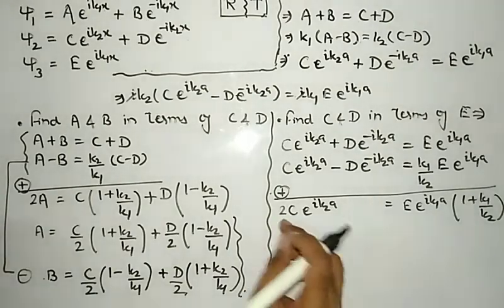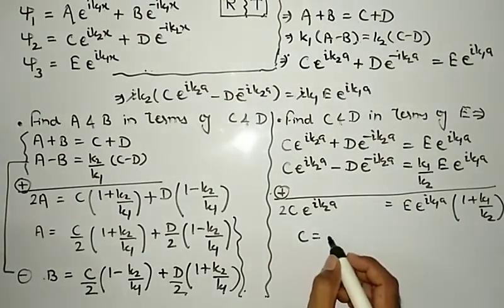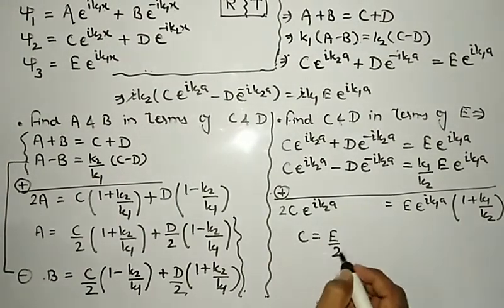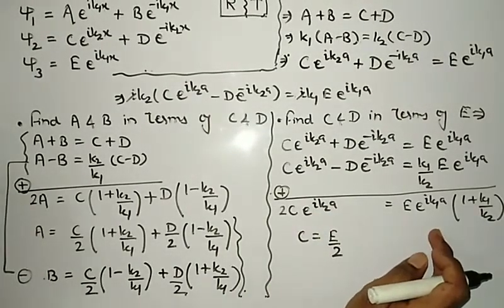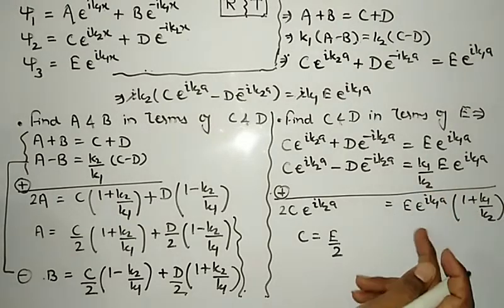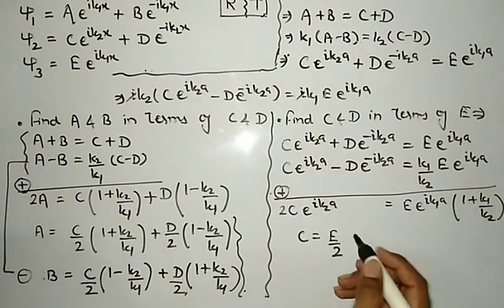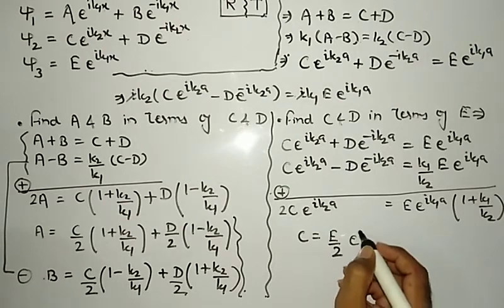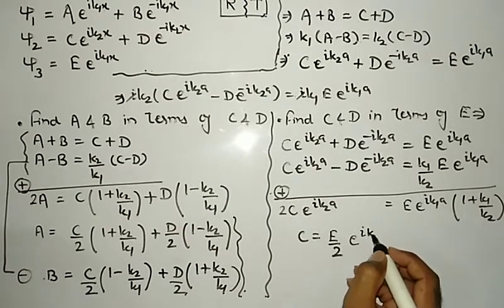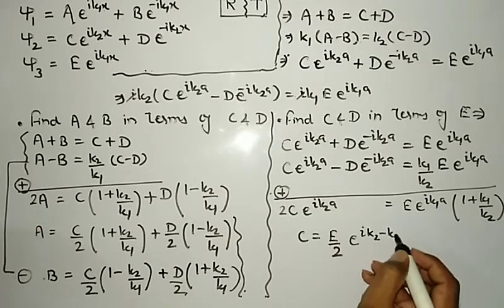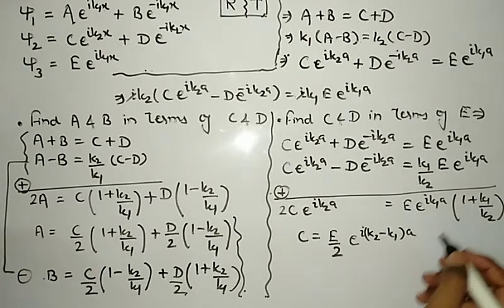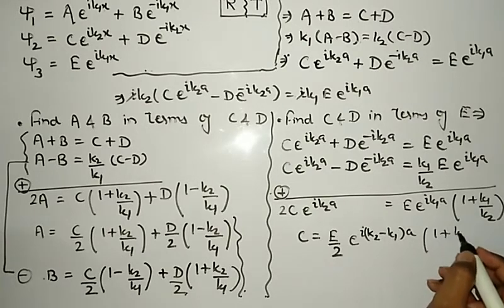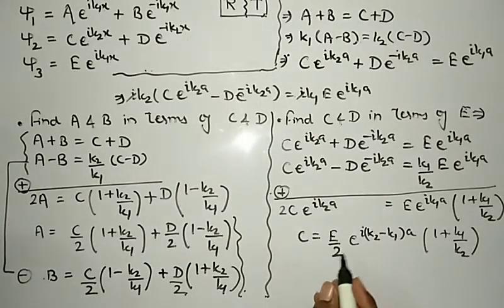Okay, so what is C? C will be e by 2, shift e to the power i k2a towards the denominator, then shift into the numerator, that is e to the power minus i k2a. So we can write e to the power i (k2 minus k1) a, is it? And this term 1 plus k1 by k2. So this is what we have found.